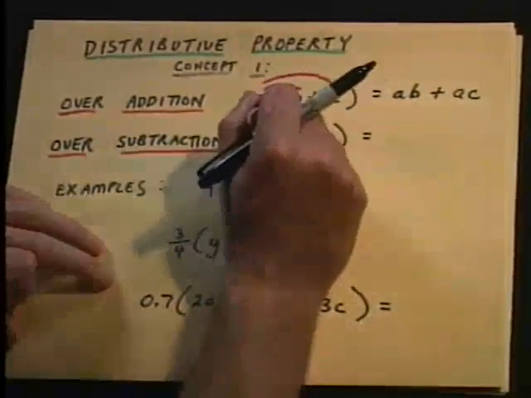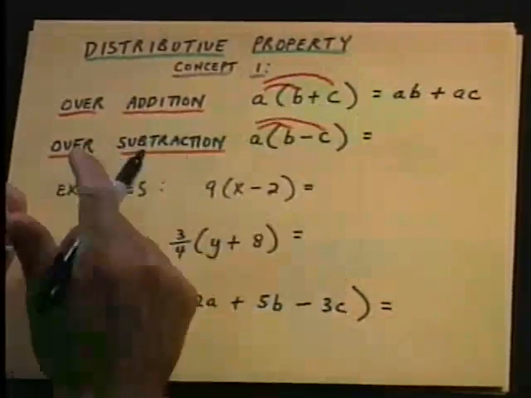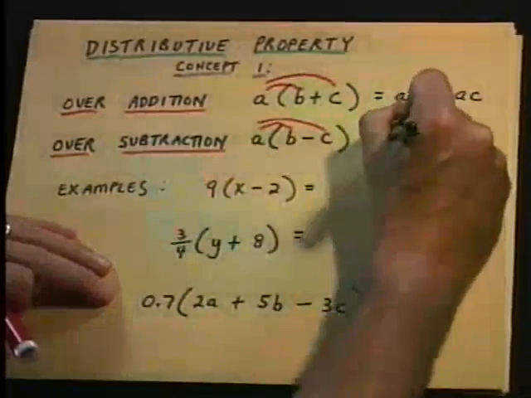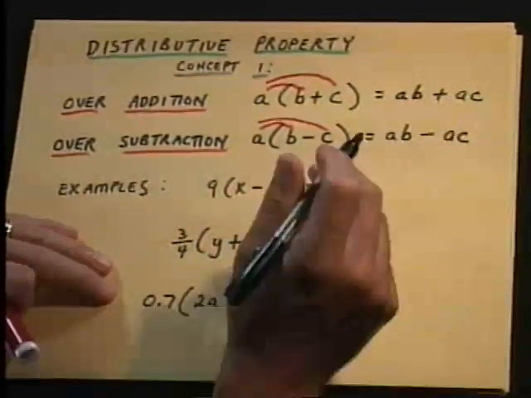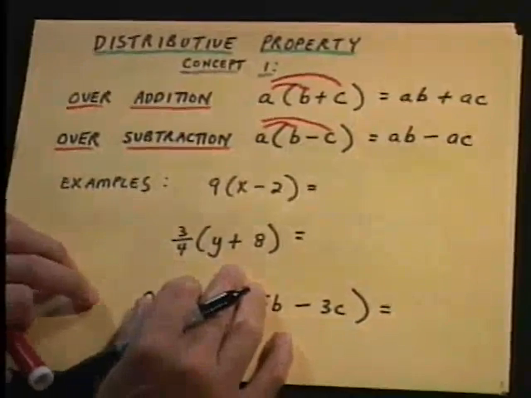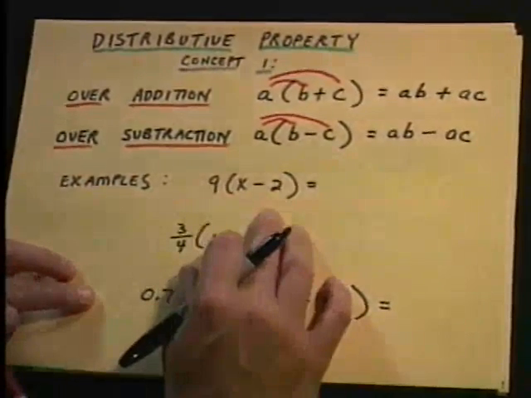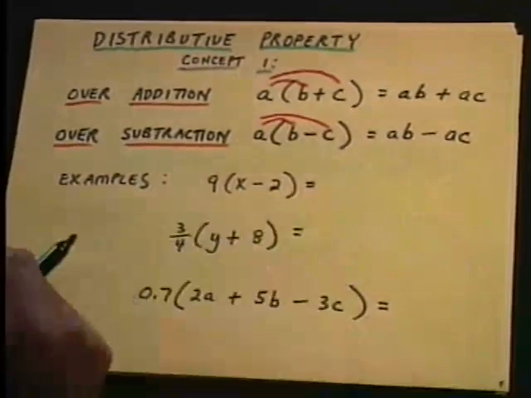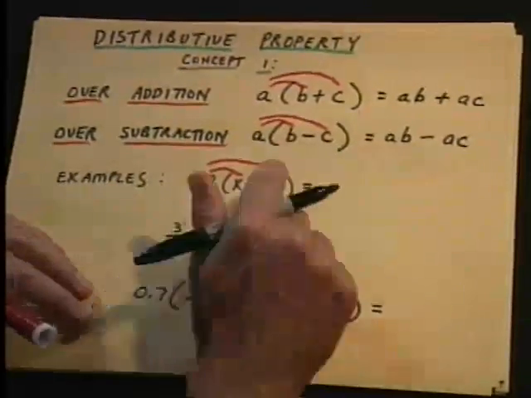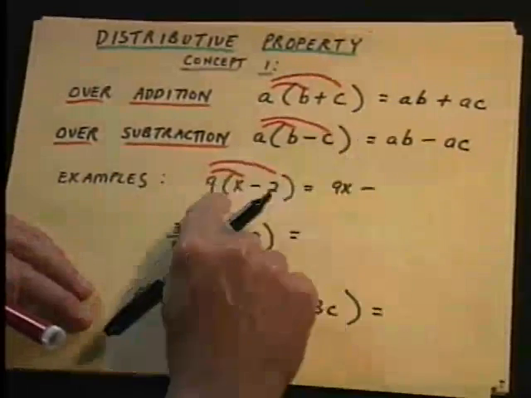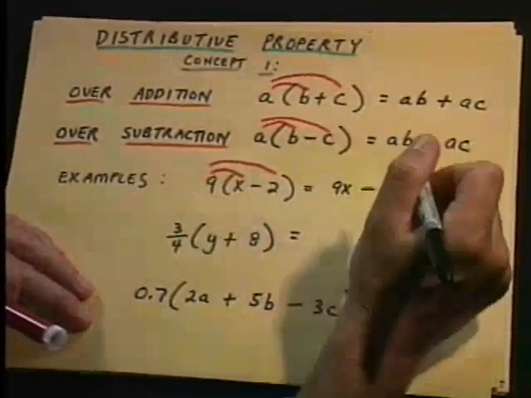You're taking the A and running it through the parentheses, multiplying each term by A, and this would give us a result of AB minus AC. So some quick examples here with the distributive property. 9 times x minus 2, 9 times x is 9x, minus 9 times 2 is 18.